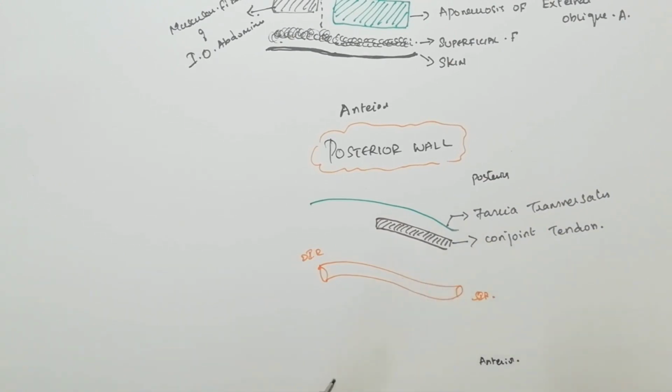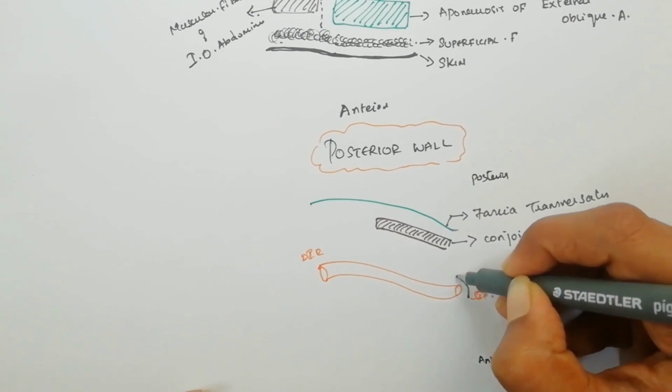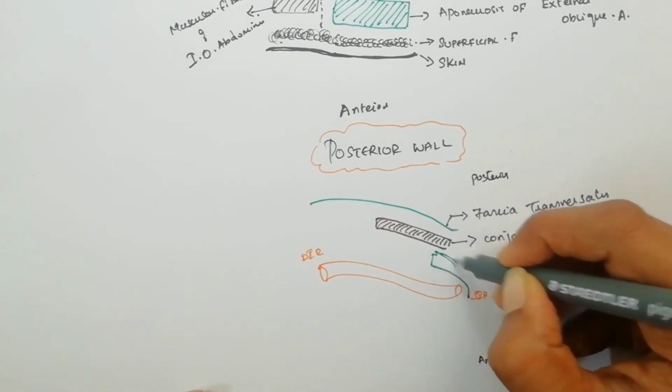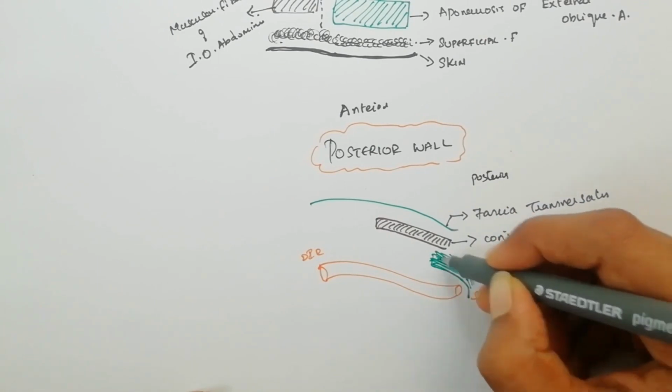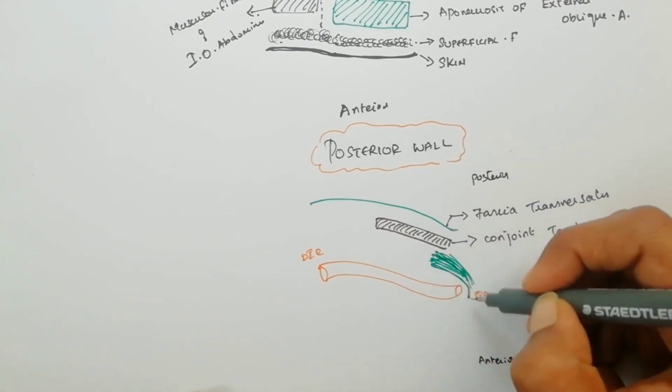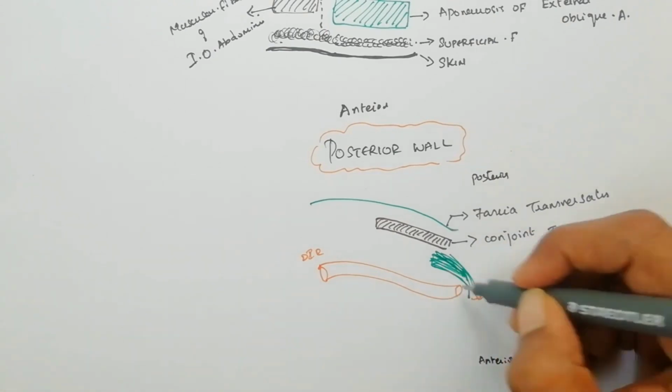Just in front of that, we have the floor formed by the inguinal ligament. From the floor, some fibers extend to the posterior aspect. In the medial one-fourth area, we have a ligament extending, and that part is called the reflected part of the inguinal ligament.